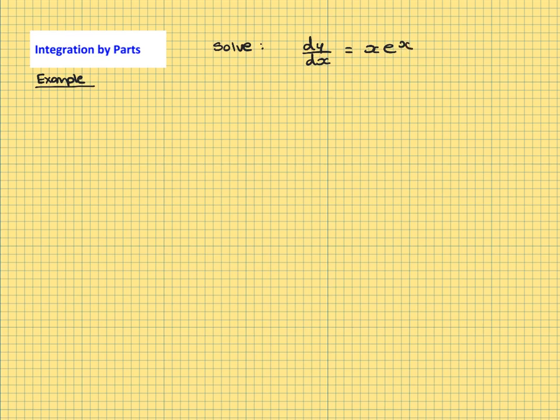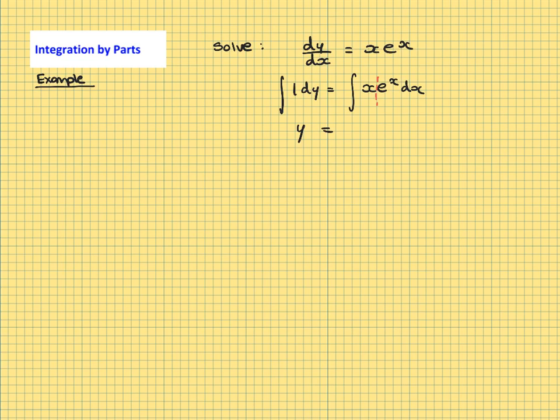So separating the variables gives us the integral of 1 dy equals the integral of x e to the x dx.